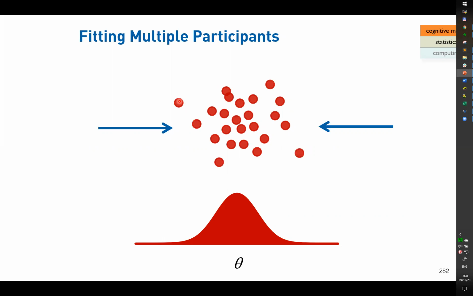Because traditionally, in data analysis, if we see someone is quite deviating from the others, we say, well, this is an outlier. But actually, it might be the truth that this person also exists in the population according to a normal distribution. So if we do a model fitting using the hierarchical approach, the outliers are not so problematic at all because they will also be regulated towards the mean. So this is the meaning of the shrinkage effect.